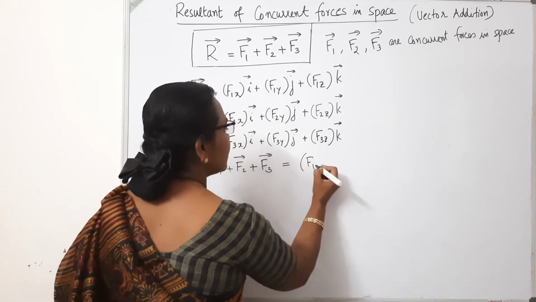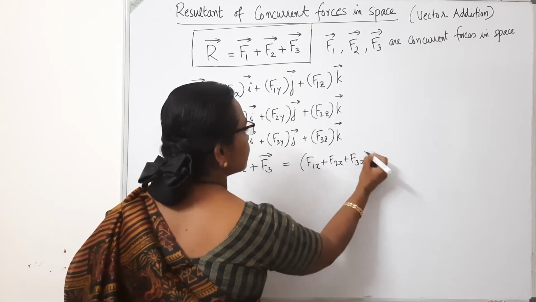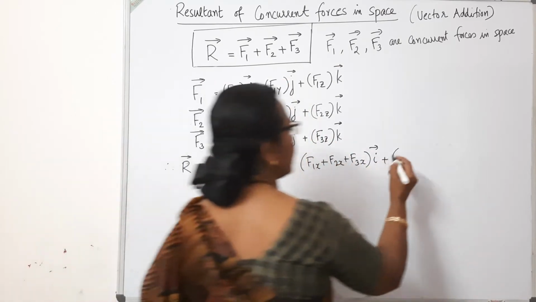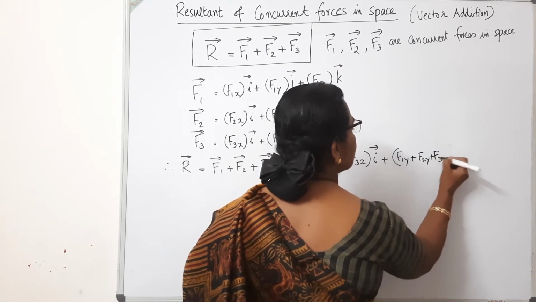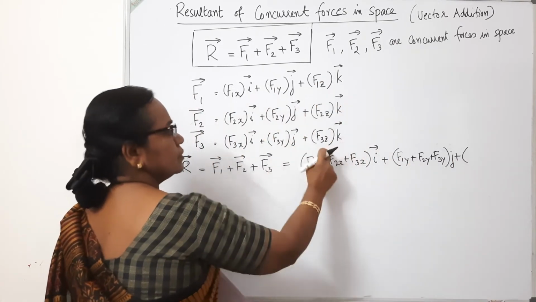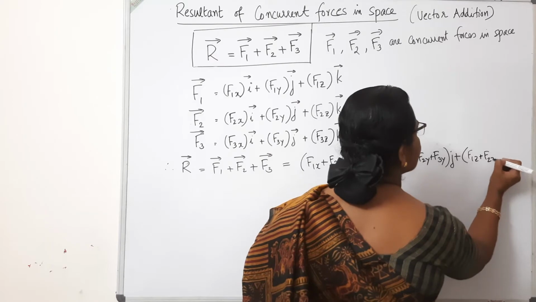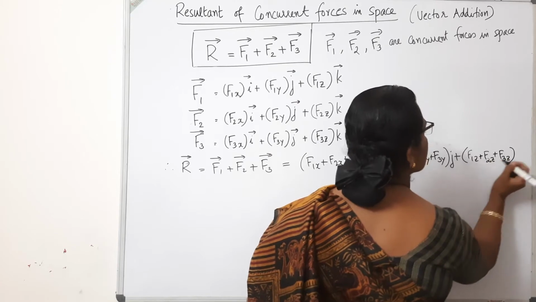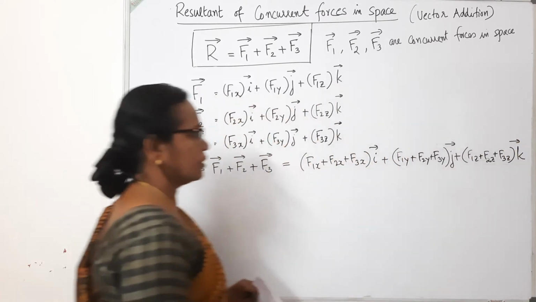So it will be F1x plus F2x plus F3x, i, plus group j terms all together, F1y, F2y, F3y, j, plus then all the k terms together, F1z plus F2z plus F3z, k. Each of these i, j, k is a unit vector.